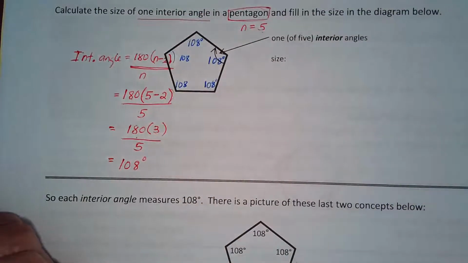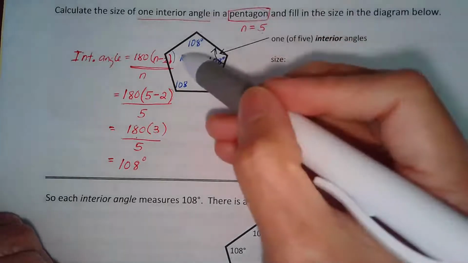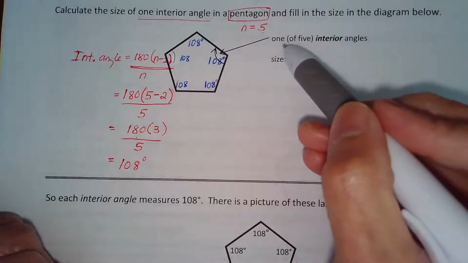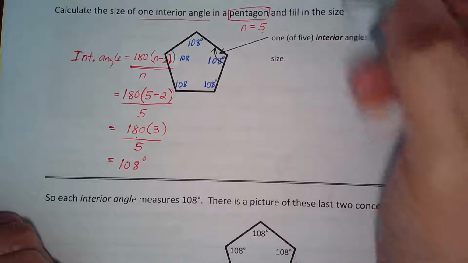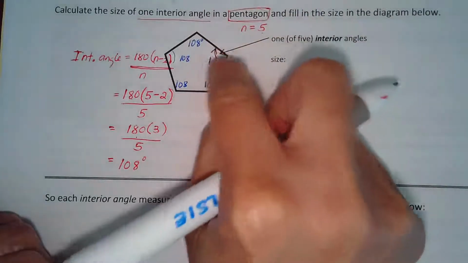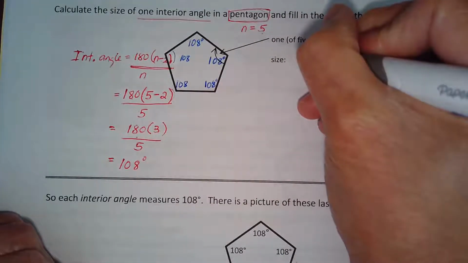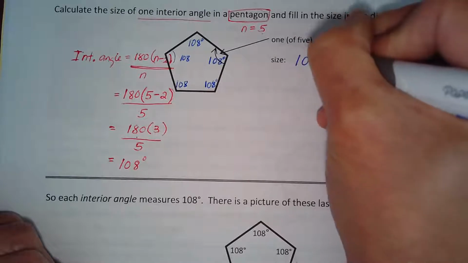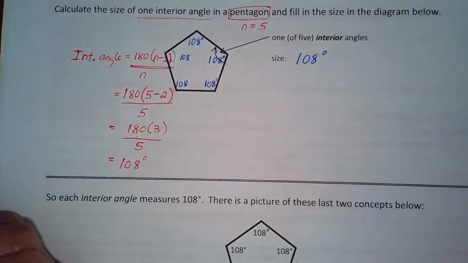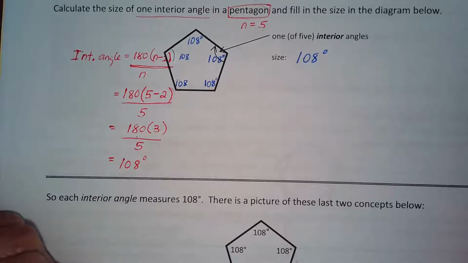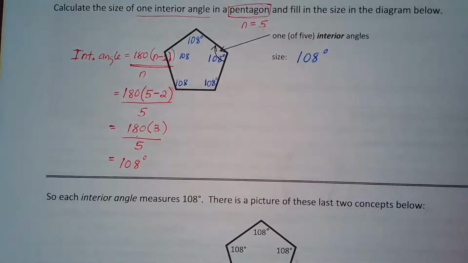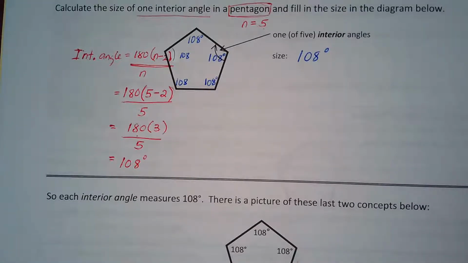Okay. So in this particular case, if you just focus on just one of the 5 interior angles, it's going to be 108 degrees. Okay, just focusing on one. Okay, is that good?